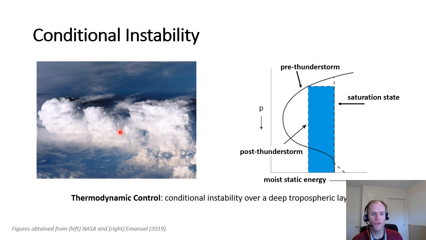So we have a cluster of thunderstorms depicted here, largely for illustrative purposes. And then here we have a diagram of what is known as moist static energy, which is related to three things: temperature, specific humidity, and height. The primary features that show up on this diagram in our initial depiction, this solid black line here, are the temperature and moisture aspects of it.